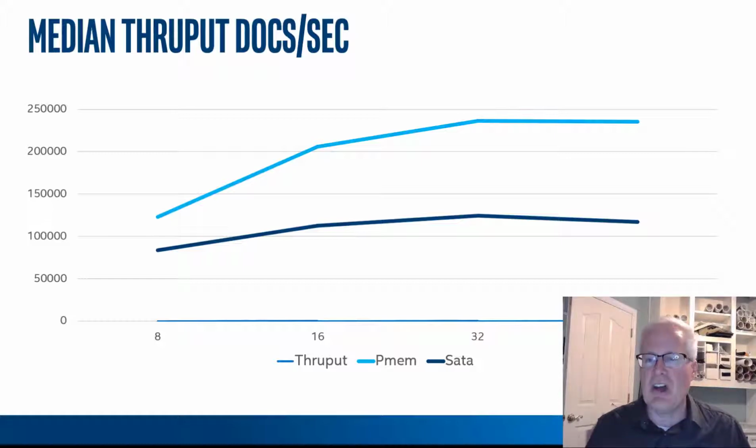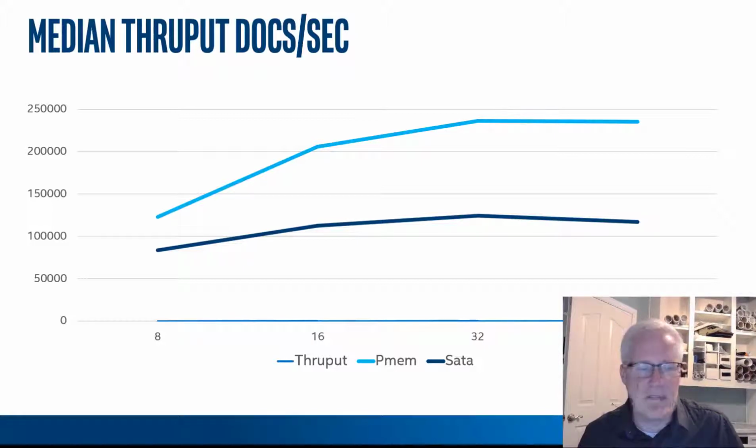So if I looked at documents per second, I was getting almost double what I normally got with a SATA drive. Now, if I looked at maximum, the PMEM drive was still much higher, not quite 2x, but there was a lot more variability in the SATA drive.